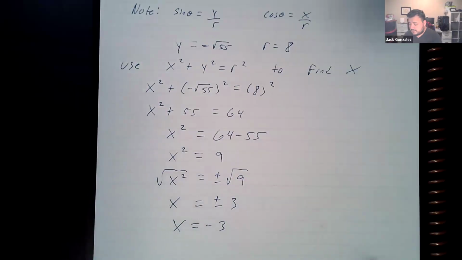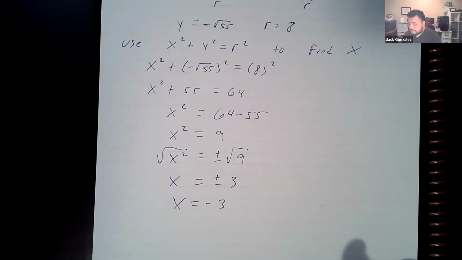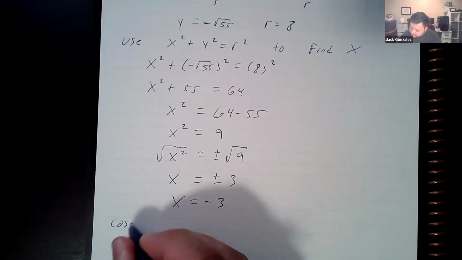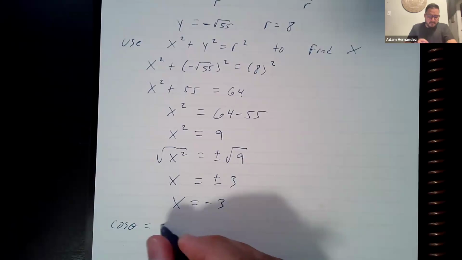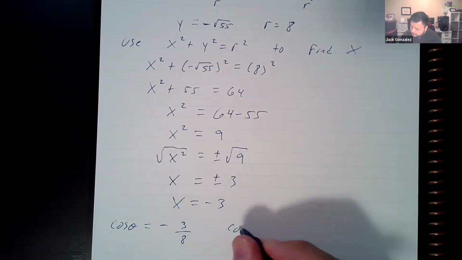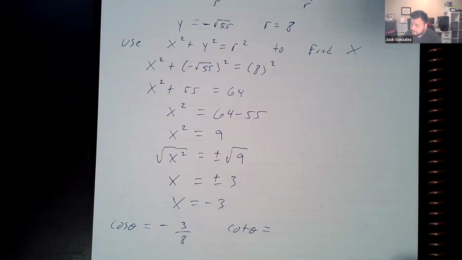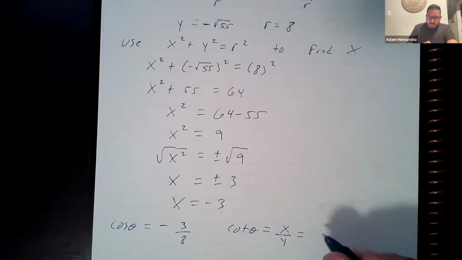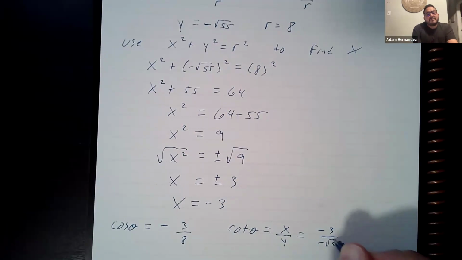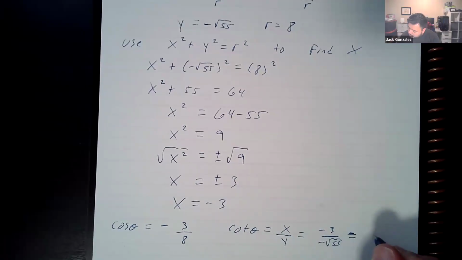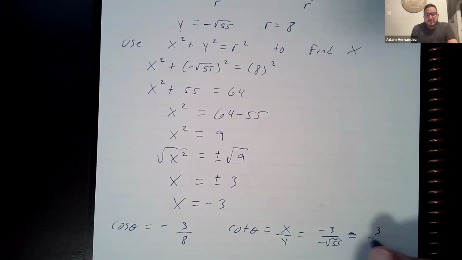So now we can answer the questions, right? What is cosine? 3 over 8. What is cotangent? 3 over negative root 55. So it'd become positive, right?